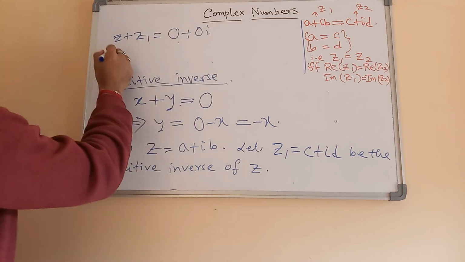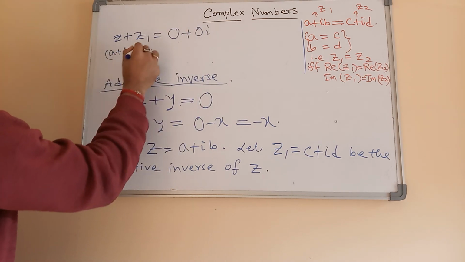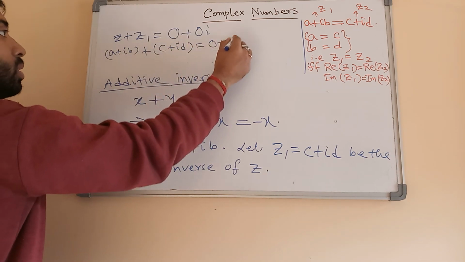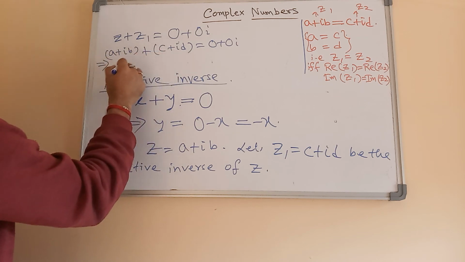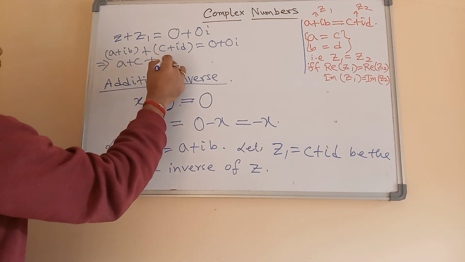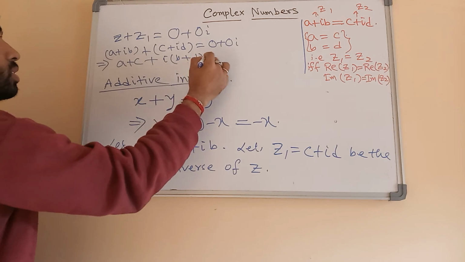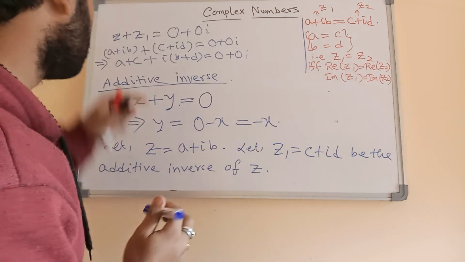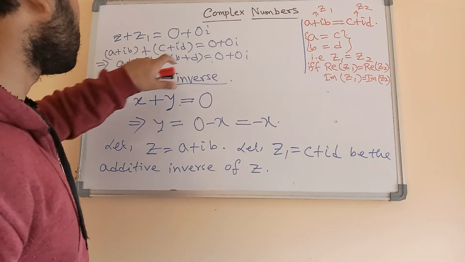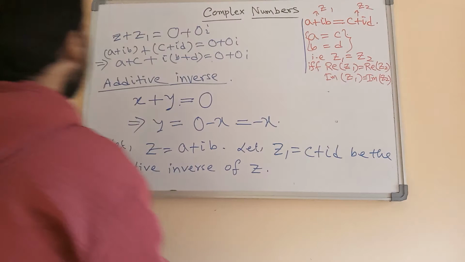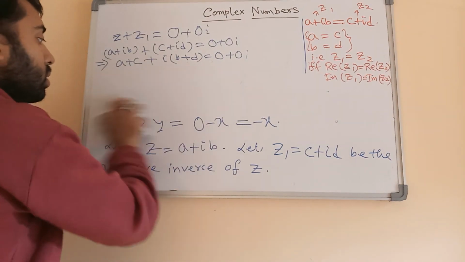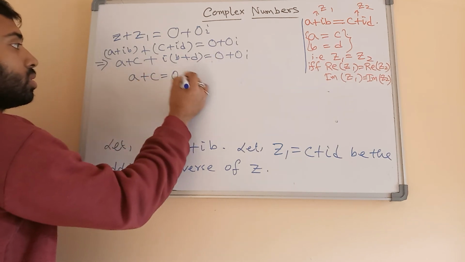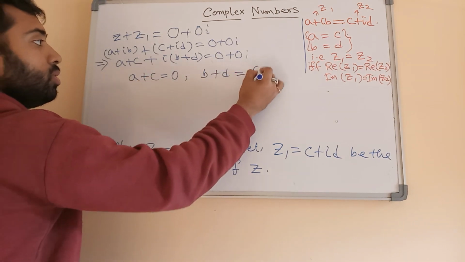So put the value: a plus ib plus c plus id equals 0 plus 0i. So the rule for the addition, add the real parts and i into imaginary parts equals 0 plus 0i. Now equating two complex numbers by equating their corresponding real parts and imaginary parts, therefore a plus c will be 0, and similarly b plus d will be 0.